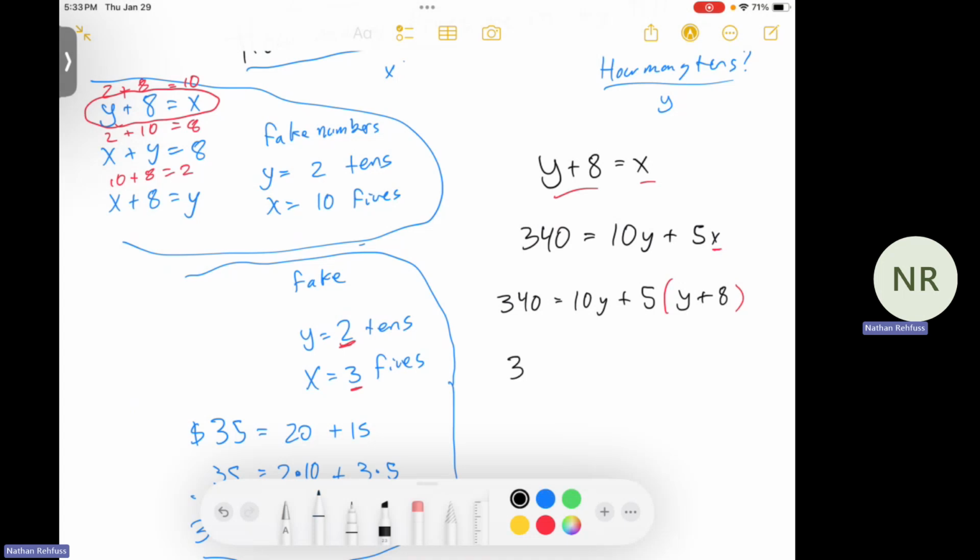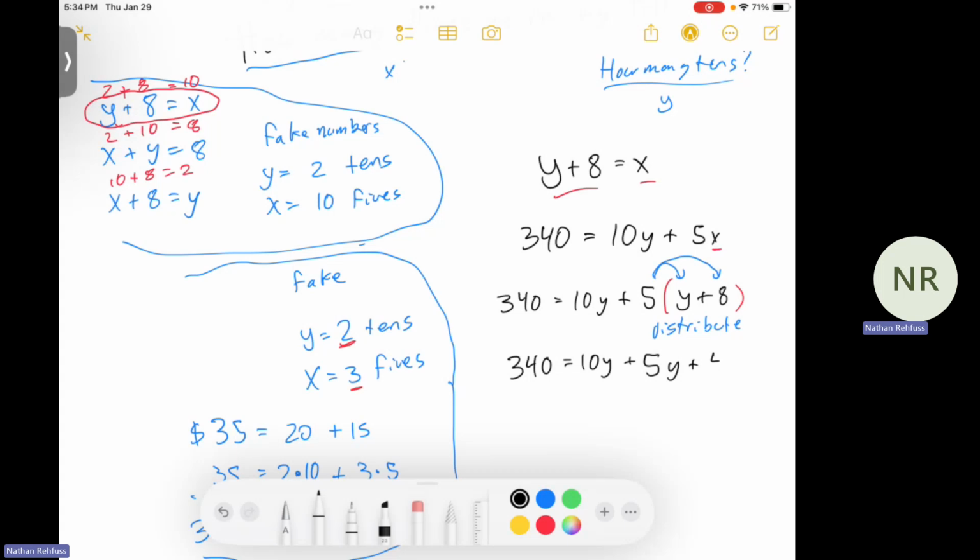In our next step, we're going to simplify the right-hand side. 5 times y plus 8, we can distribute the 5. If I have y plus 8 boxes and each box has 5 balls in it, I have 5y balls in the y boxes, and 5 times 8 is 40 balls in the 8 boxes. I have 5y plus, excuse me, that's not right.